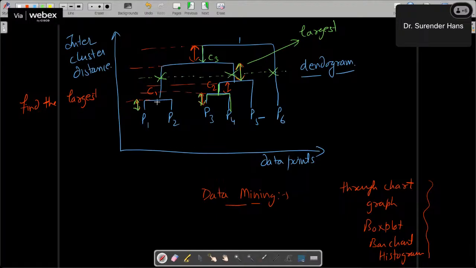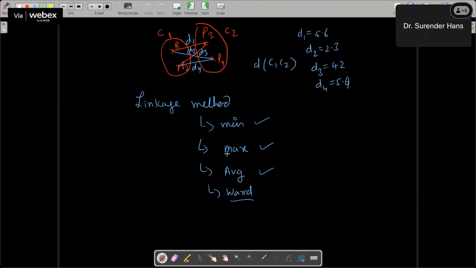Now the next point is, in which case do we apply which one of the linkage criteria? We have the 4 linkage criteria: min, max, average, and one more.